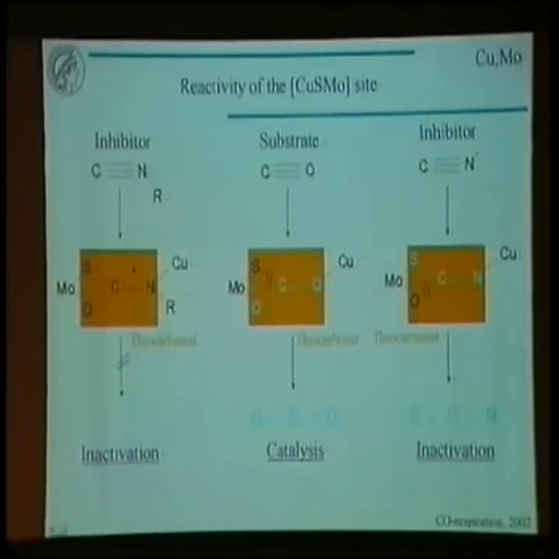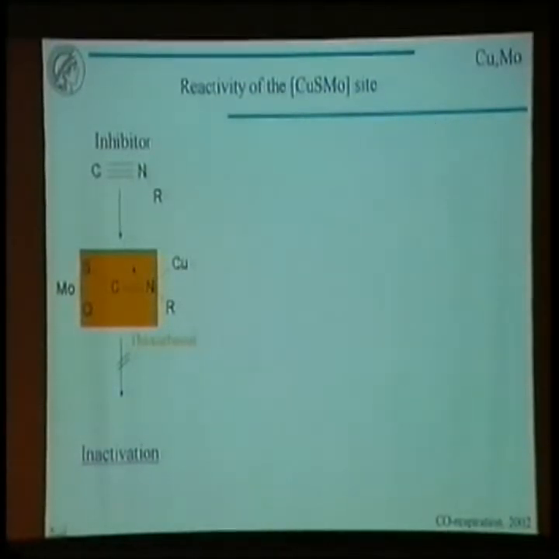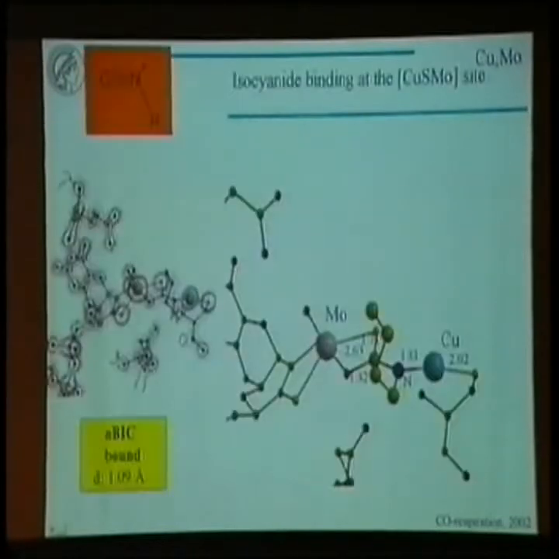How does that look like? You see, it becomes intercalated. You remember the free form of the enzyme had this molybdenum, sulfur, copper arrangement, and now the butyl isocyanide intercalates.